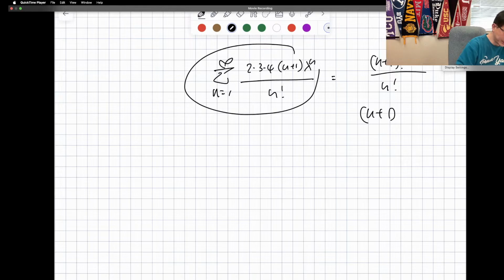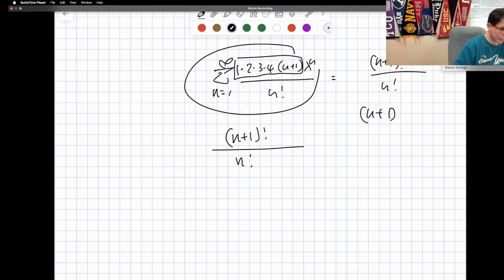So this just means times 1, right? So for this particular part here, it is m plus 1 factorial over m factorial. So m plus 1 factorial means m plus 1 times m factorial over m factorial, and that's how you cancel out. And then you do the ratio test after that, and you should get the answer that you're supposed to get.